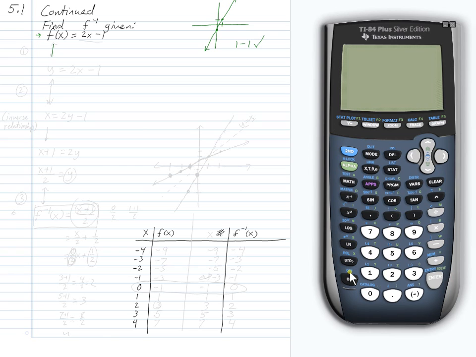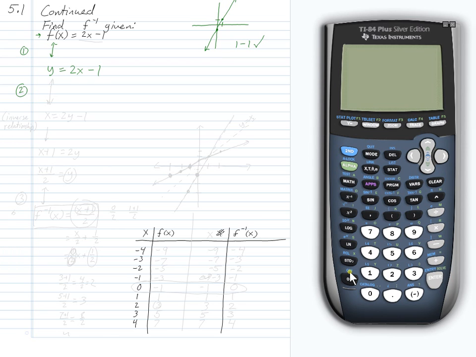So we replace f of x with y. Alright, now what the inverse will do is invert everything. In other words, our x's become our y's and our y's become our x's. So symbolically, we do that.